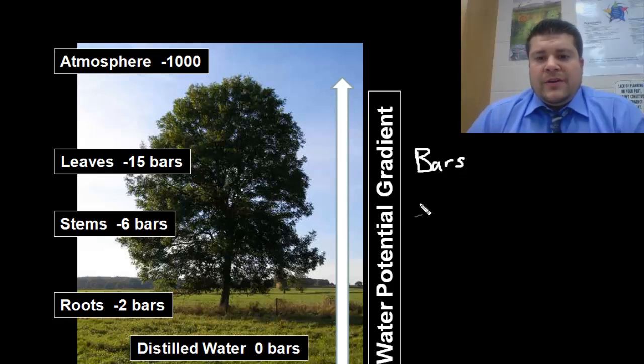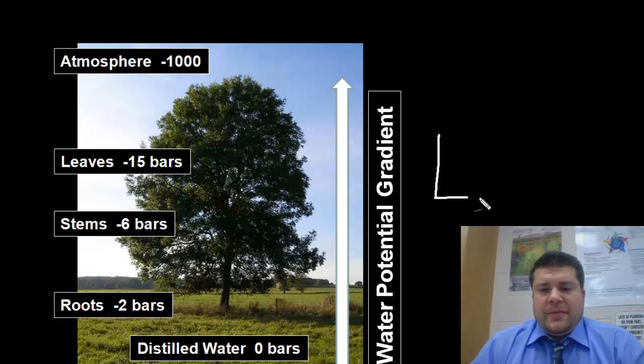And water will always flow from a high concentration to a low concentration. And so I've always told my students that it's like going down a slide. And so if you had a slide, then you are always going to move from a high concentration to a low concentration.